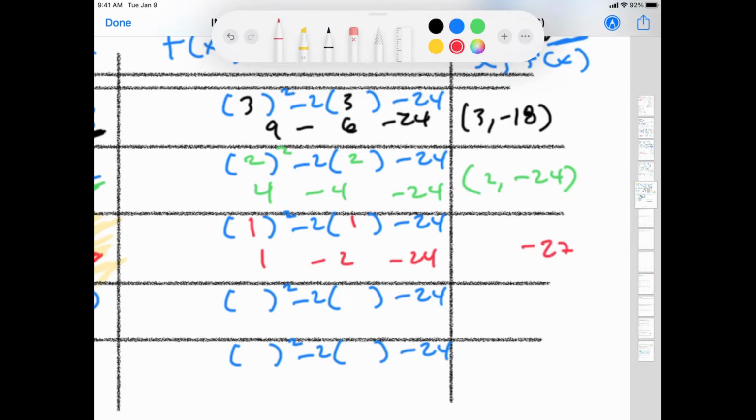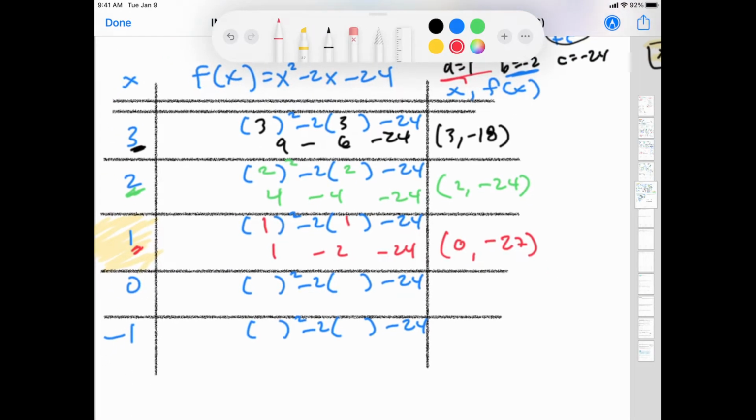So here is the bad thing. It's getting us numbers. If you think about this, I'm looking for a y value that equals 0, so I get an x-intercept. And I'm not getting that. So this will be negative 24.